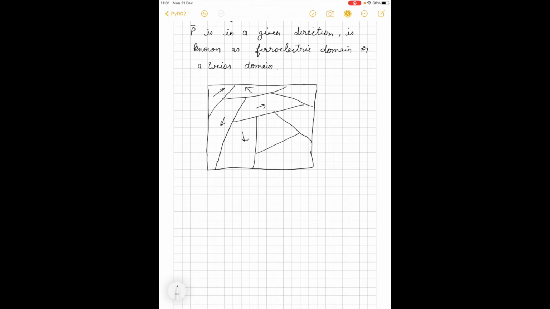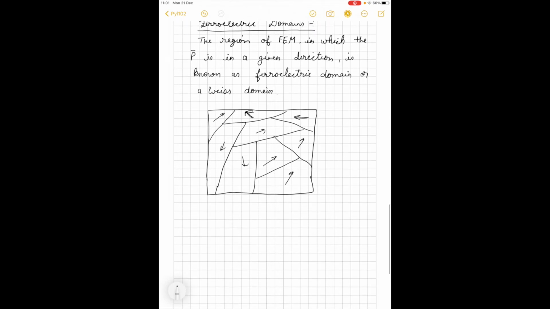If there is no applied electric field, for example, I cannot say which direction the spontaneous polarization is. Alright, so these are randomly arranged ferroelectric domains in a ferroelectric. So domains are these small regions inside the ferroelectric material where P is along one direction.